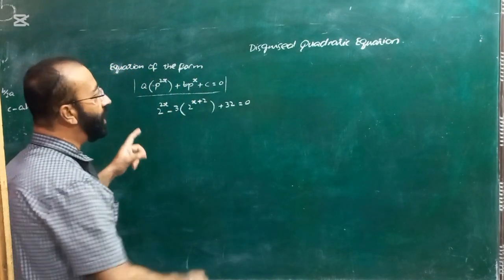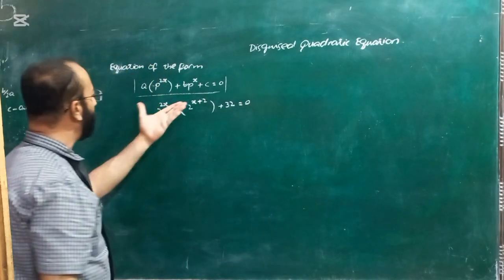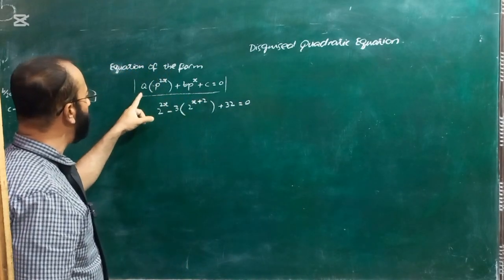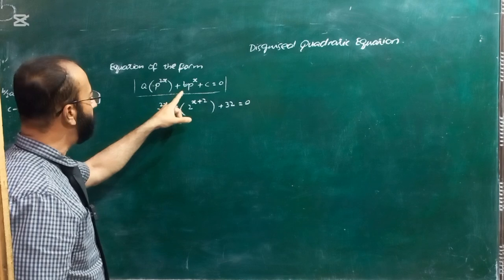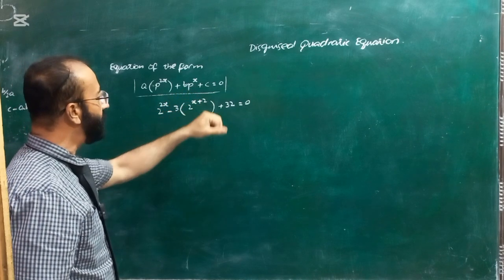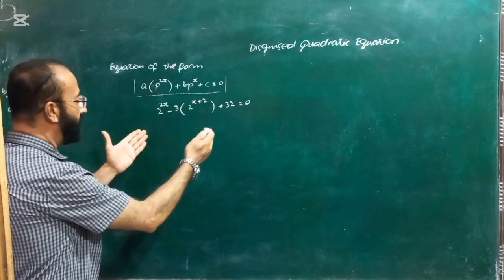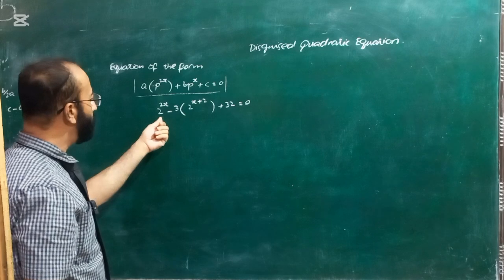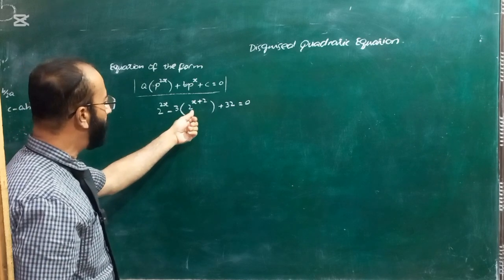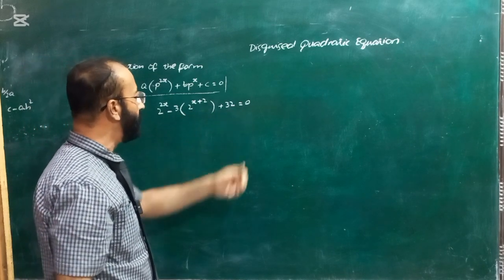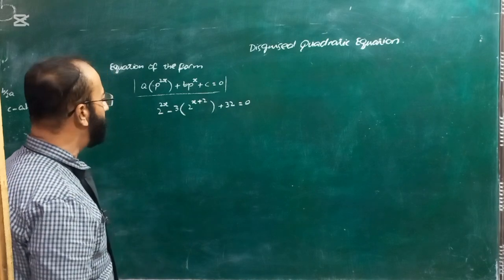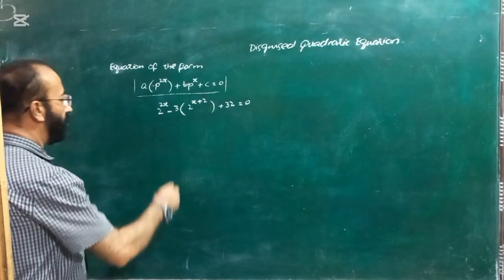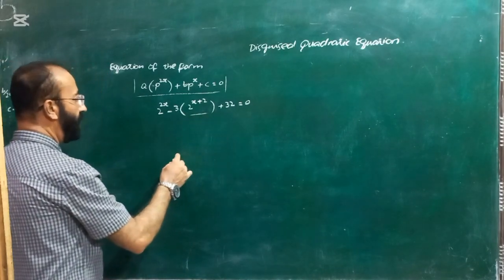Another form of the disguised quadratic equation is of this form, that is a into p raised to power 2x plus b p raised to power x plus c is equal to 0. An example is here, that is 2 raised to power 2x minus 3 into 2 raised to power x plus 2 plus 32 equal to 0, and the requirement is to solve it. So first we will reshape this.